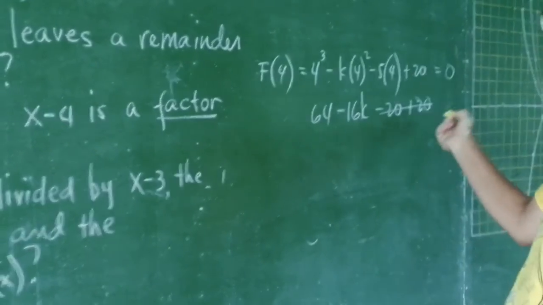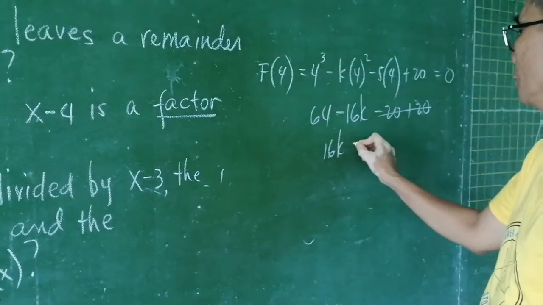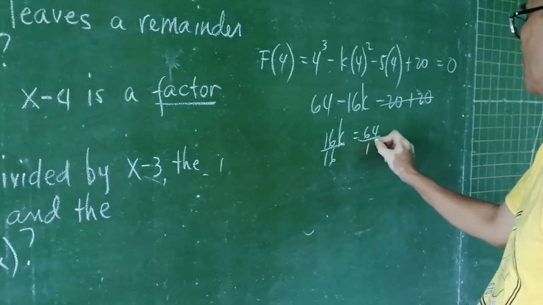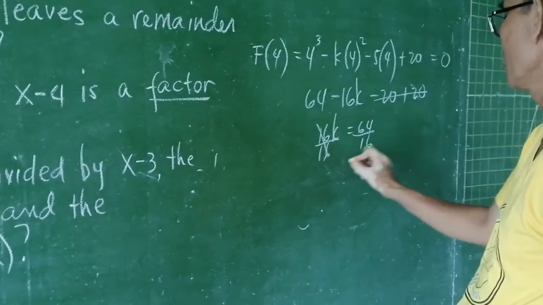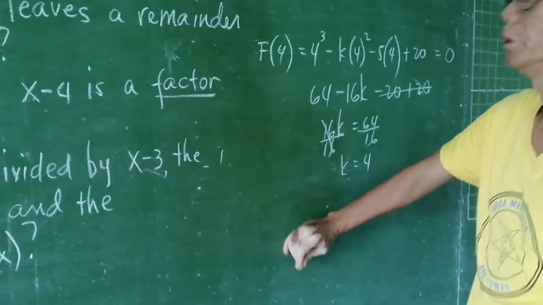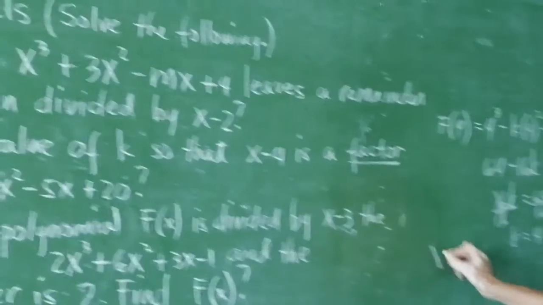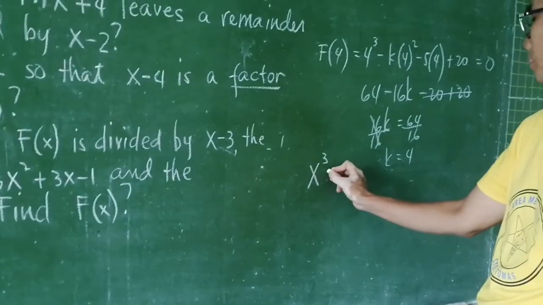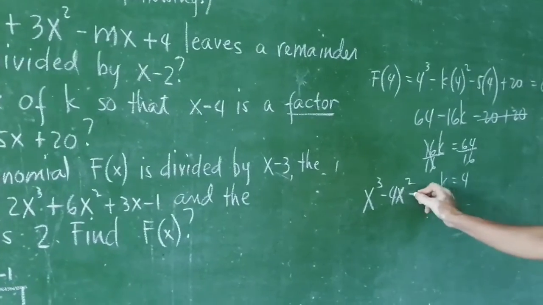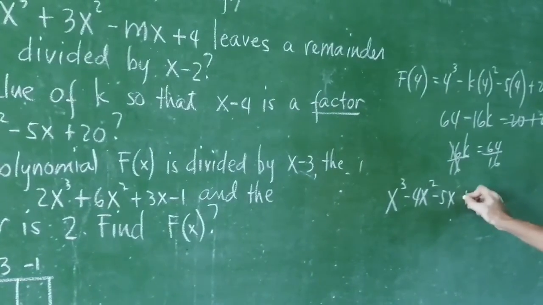And transposing this negative and reversing it, it will be something like this. 16k will be equals to 64, divided by 16, divided by 16. So k equals 4. So therefore, your polynomial should be x cubed minus 4x squared minus 5x plus 20.